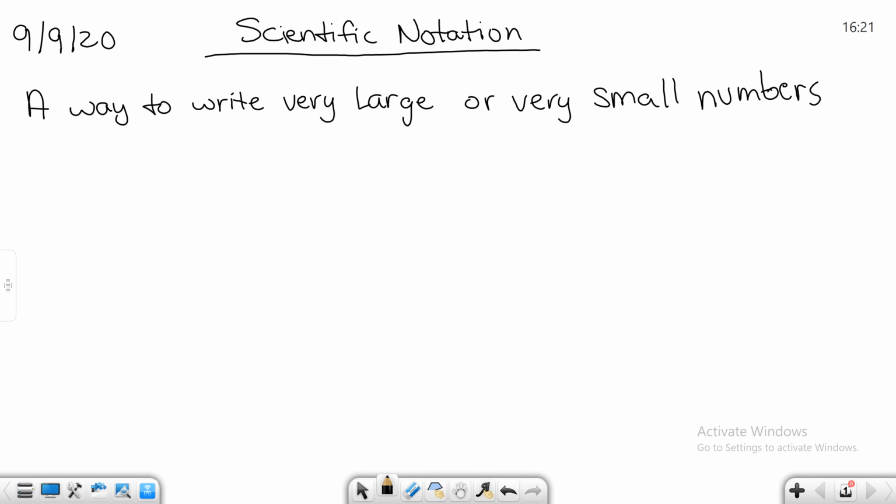Scientists and mathematicians needed to find a way to write very large or very small numbers in a shorter way where we don't have to write all of its digits.